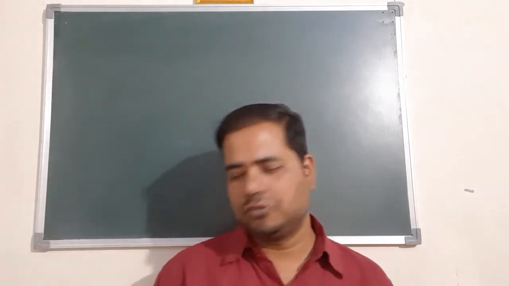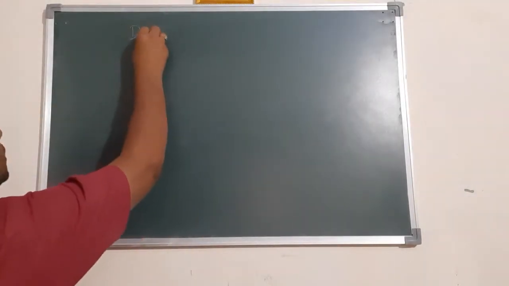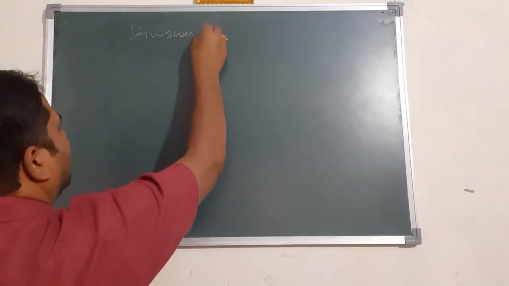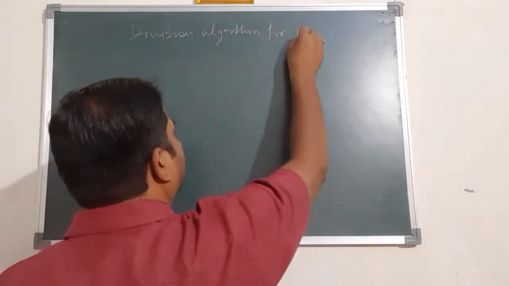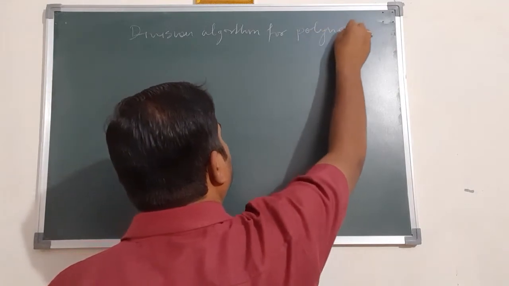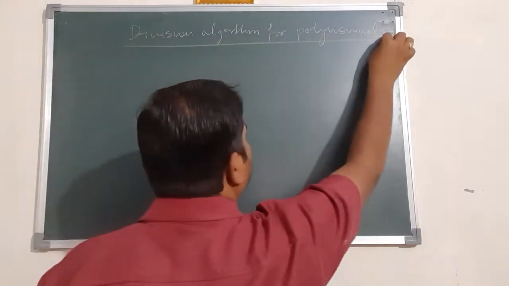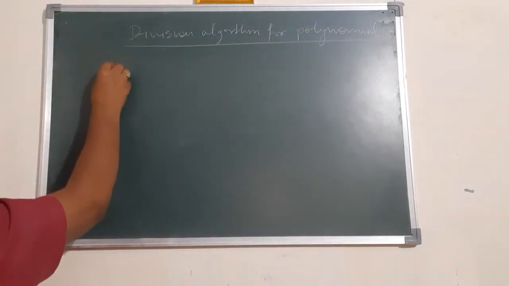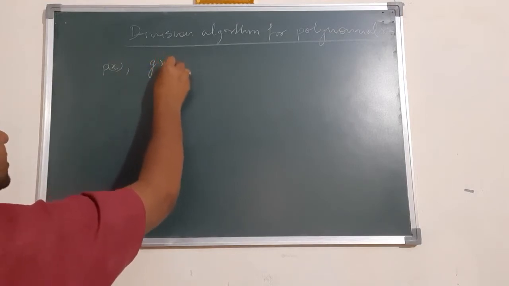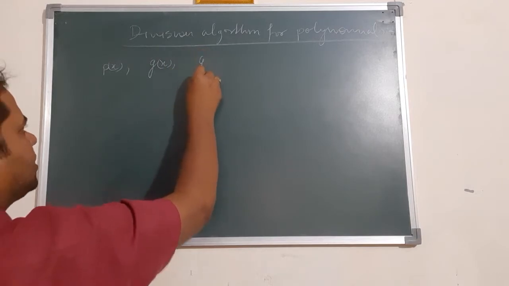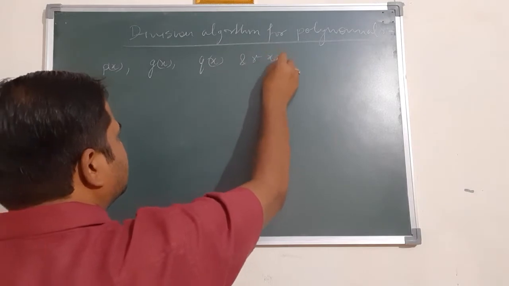In the division algorithm for polynomials, if you see, P(x) is a polynomial, G(x) is a divisor, Q(x) is the quotient, and R(x) is the remainder.